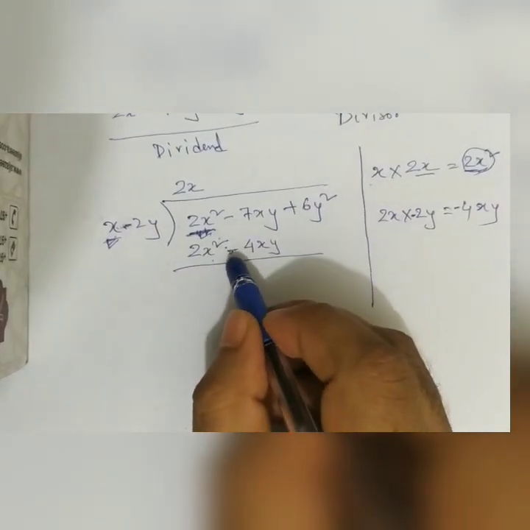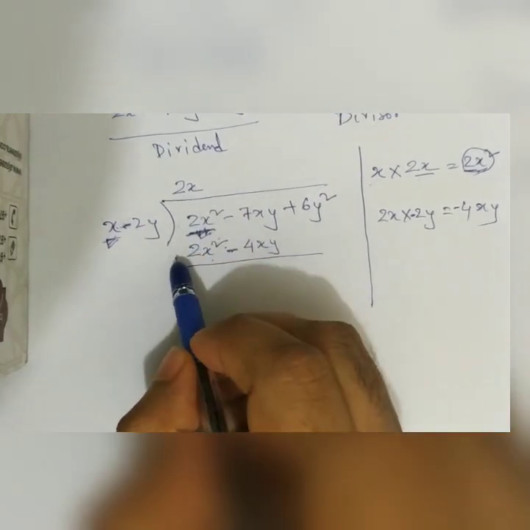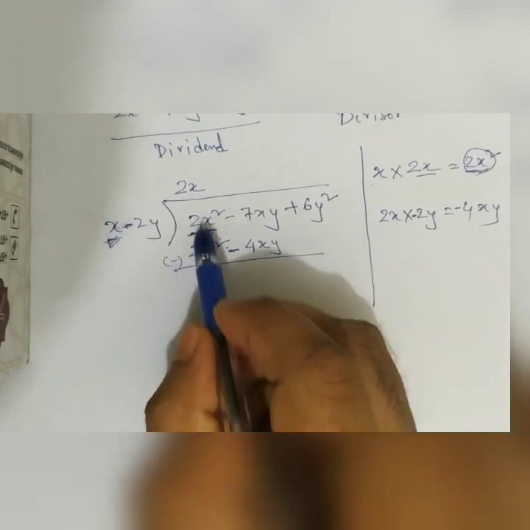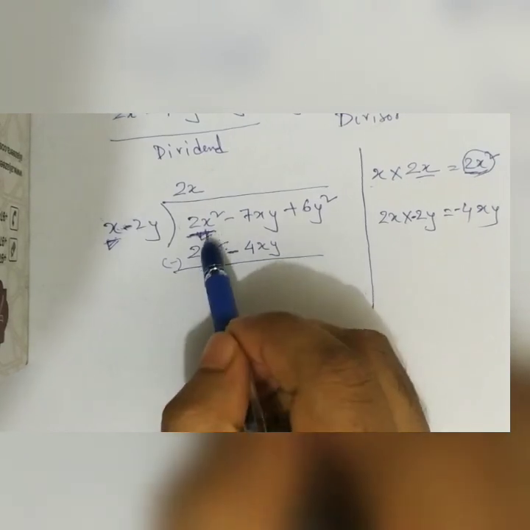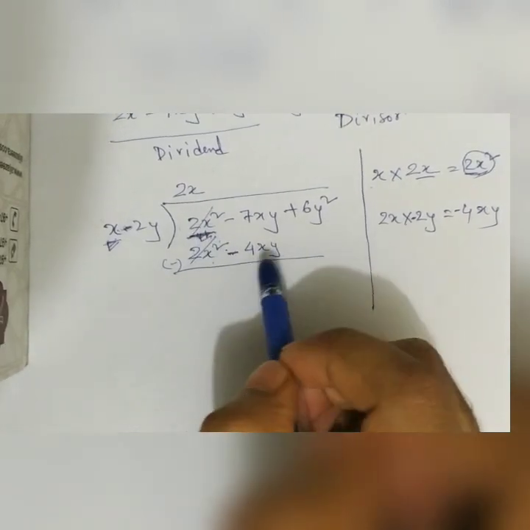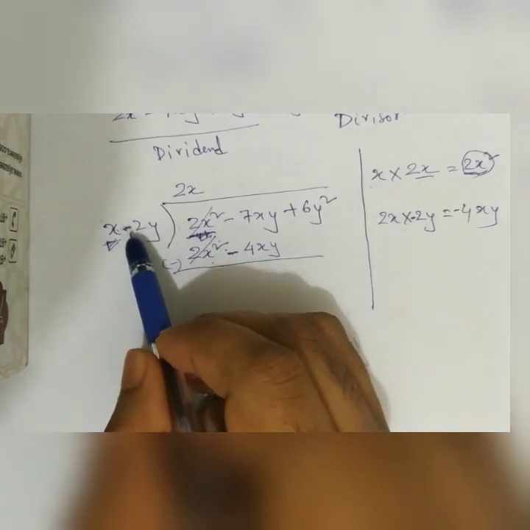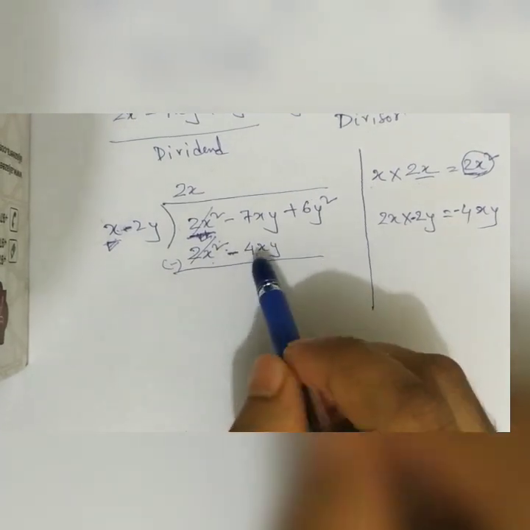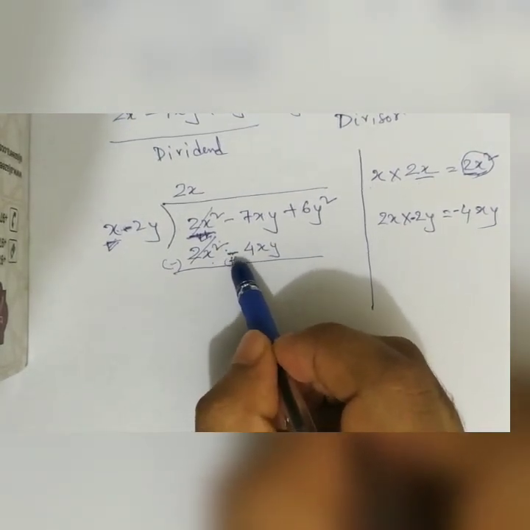Now once you write minus over here, so 2x square, we know that we put a minus sign over here, right, because we are subtracting. So 2x square minus 2x square, gone, cancel out. But this minus 4xy is already from the problem, so this minus and this minus get multiplied. Whatever the sign is, we need to write the opposite of it.